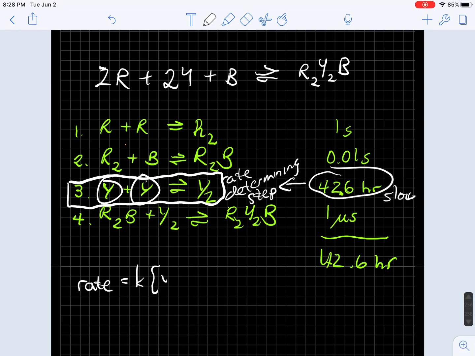Just write K. Rate is equal to K times the concentration of Y squared. So it goes by the number of particles in the rate determining step. There were two particles of Y involved in the collision on the reactant side, and so that becomes Y squared. So when we say Y squared, that means bimolecular with respect to Y.